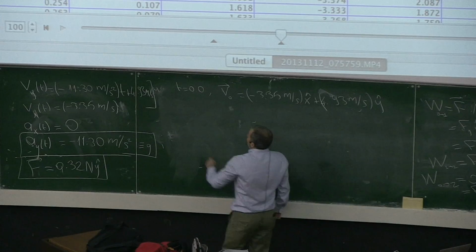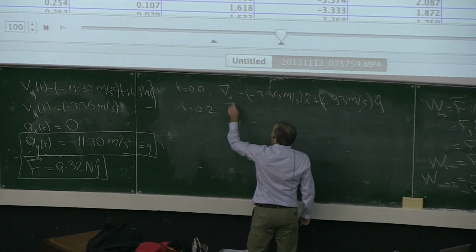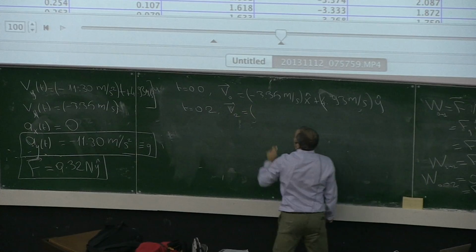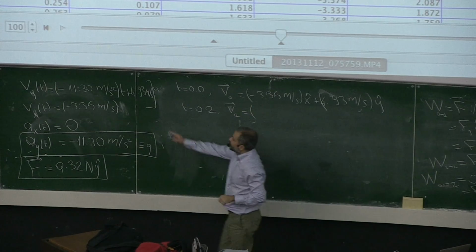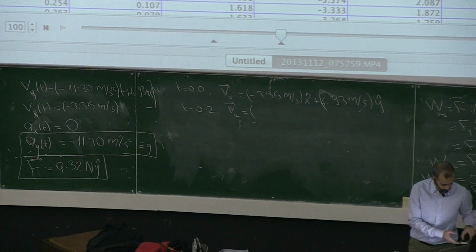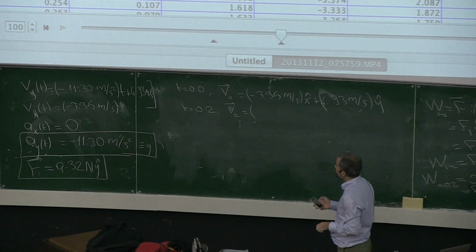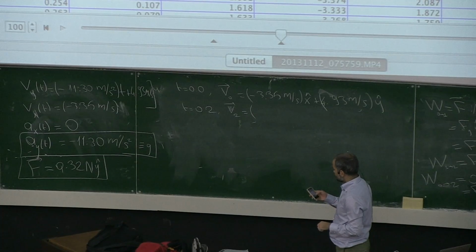Now the speed at t equal to 0.2, let's denote it by v2. This is equal to, well, here I have to put 0.2, minus 11.30 times 0.2 plus 4.93.